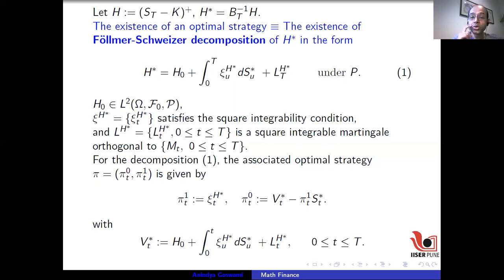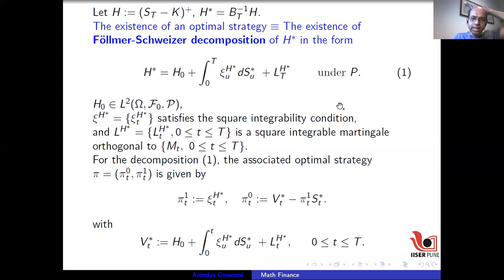Only if your P star is a very special equivalent martingale measure, such that all the martingales under P which are orthogonal to the stock price remain martingales. So P to P star is a minimal kind of change, without disturbing the martingale property of the stochastic processes which are orthogonal to the stock price.